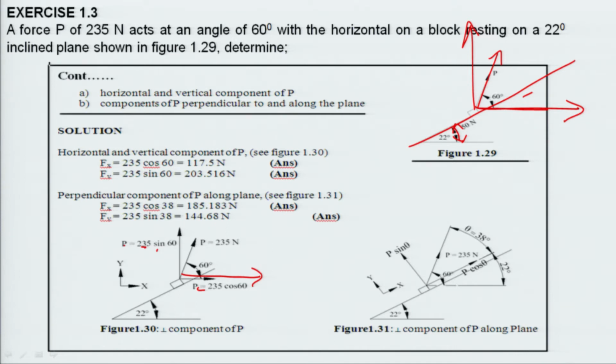Another thing we need to calculate is the component of force P perpendicular to and along the plane. That means the axes along which we need to find the component forces: the first axis is this one and the second axis is this one.